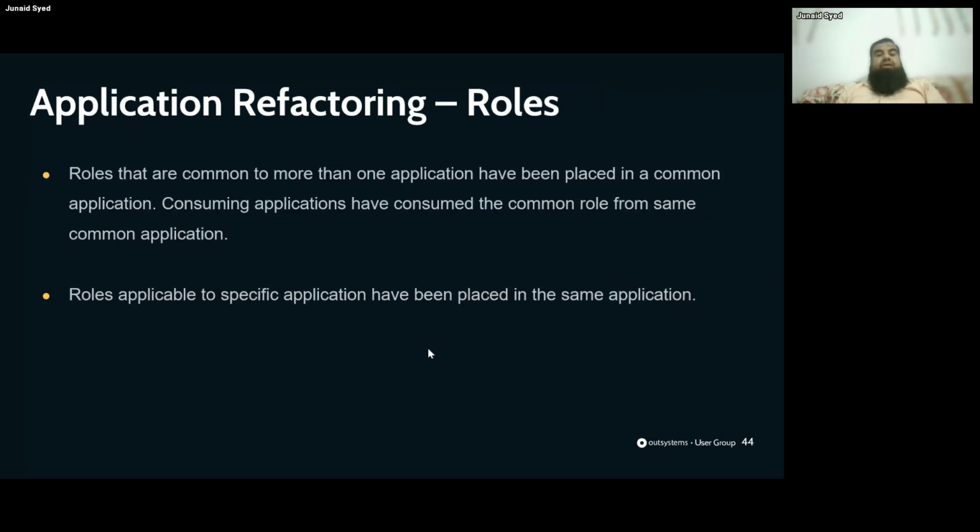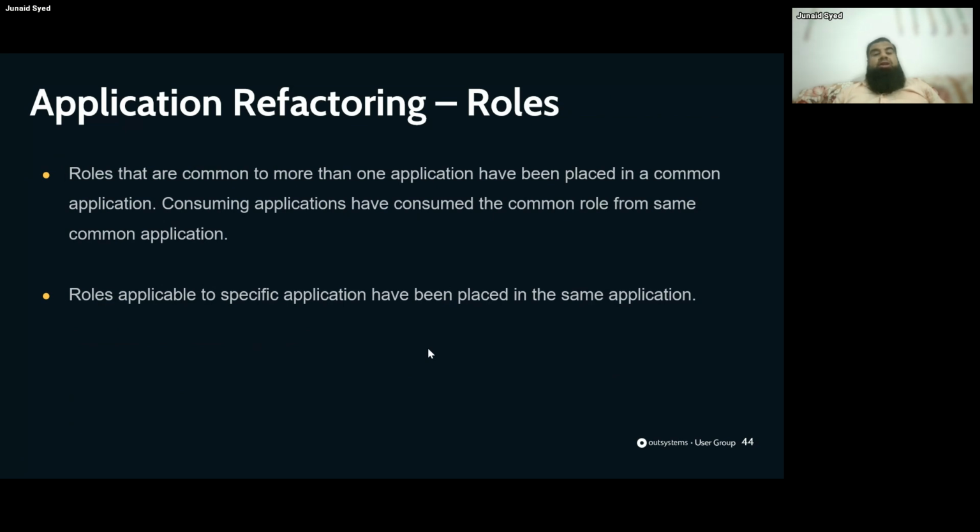Now, the refactoring of the roles. Earlier in the O11 application, roles were placed in a common module, and all the applications were consuming the roles from the same module. But there are certain situations where you don't really want roles to be in a common module because they are specific to a certain module or business area.